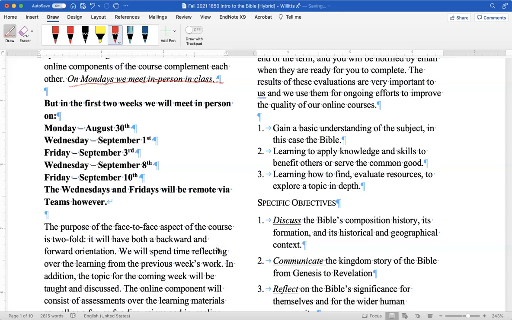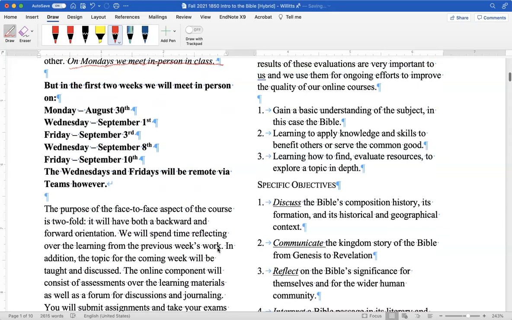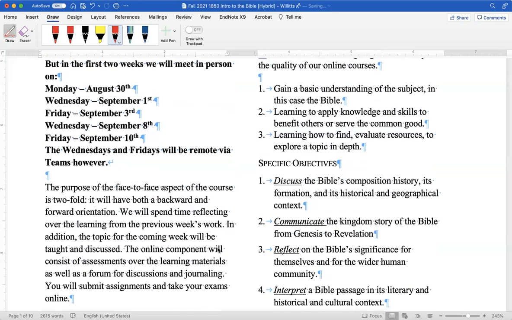Now, the purpose of the face-to-face aspect of the course is twofold. We'll both look backward toward what we learned from the previous week, and we will look forward to what we will learn in the next week. I will orient or provide an overview of the content for the coming week and tie up loose ends from the week before.